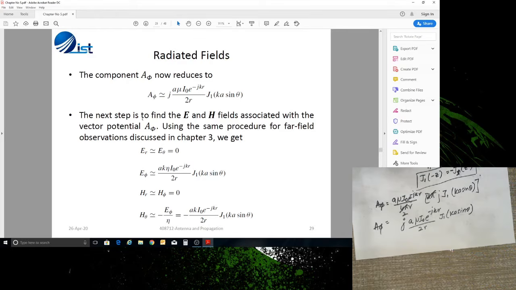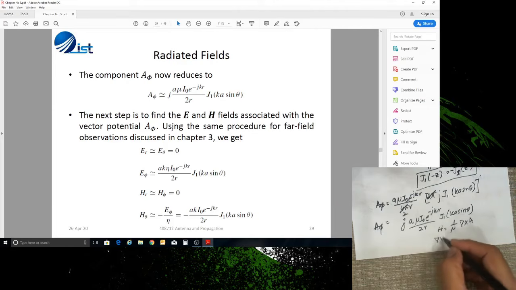So the next step is to find the E and H fields associated with the vector potential A phi. अब वो हम किस तरह फाइंड आउट करते हैं, ये हम पहले काफ़ी दफ़ा देख चुके हैं कि we can use those expressions. If you remember, we had the expression for the H field, 1 over mu curl of A, and then we can use Maxwell's equation as well.